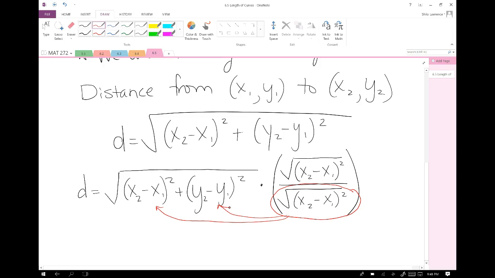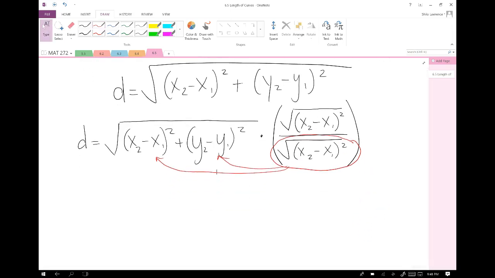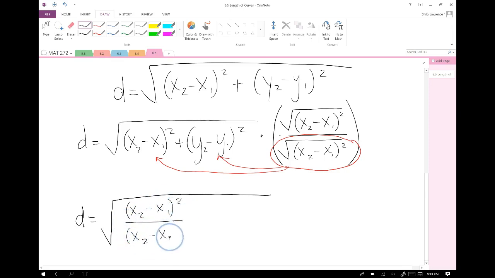Both of those expressions are under square roots, so I can put them all together under one square root. And my first square root has 2 terms under it, so I have to distribute it to both of them. And that one's in the denominator, so when I distribute it, it's going to be divided. And this turns into x2 minus x1 squared over x2 minus x1 squared plus y2 minus y1 squared over x2 minus x1 squared. And we still have this one on the outside.